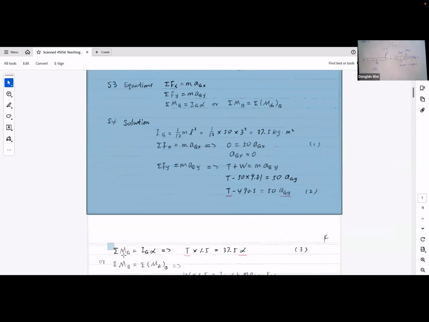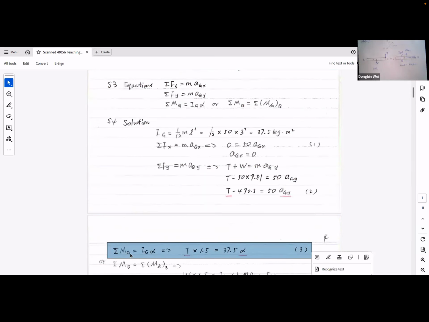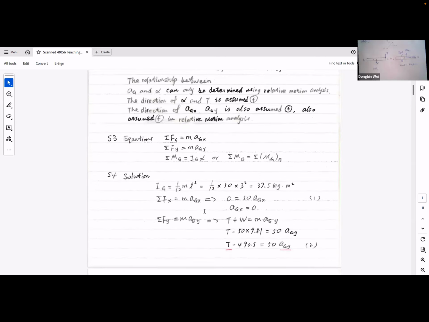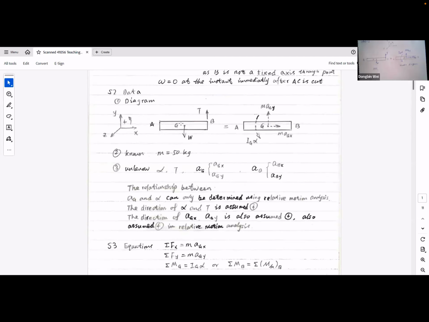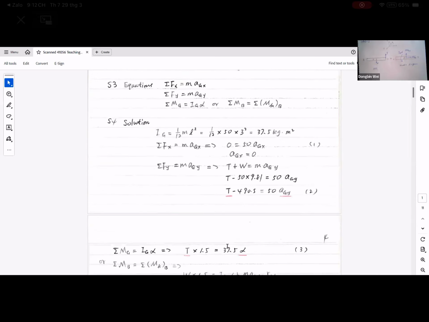Okay, now for the third equation. For the third equation, obviously, we can select point G for our calculation. Okay, so look at the diagram. If we calculate the rotational component about point G, then W, the moment arm, is 0. We only consider the moment generated by T. T about G, this generated moment should be counterclockwise, so it should be positive.